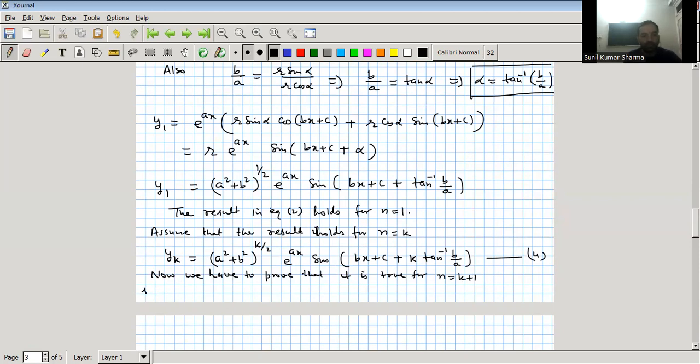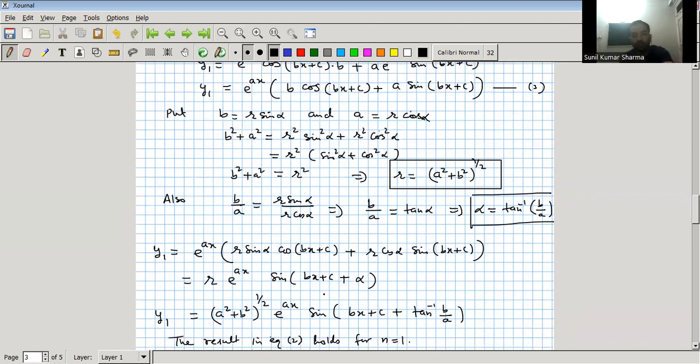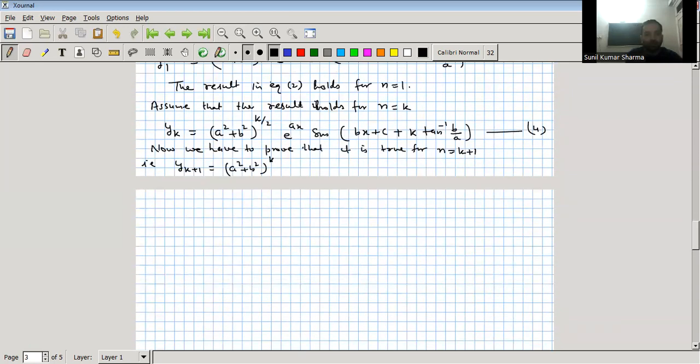So that is yk plus 1 is equal to a square plus b square to the power k plus 1 by 2 e to the power ax sin bx plus c plus k plus 1 times tan inverse b by a. So this we have to prove.